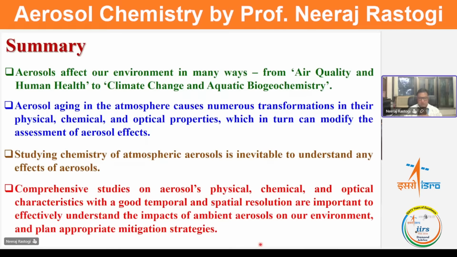But overall, chemistry alone will not help. Comprehensive studies on aerosol physical, chemical, and optical characteristics with good temporal and spatial resolutions are important to effectively understand the impacts of ambient aerosols on our environment and plan appropriate mitigation strategies.